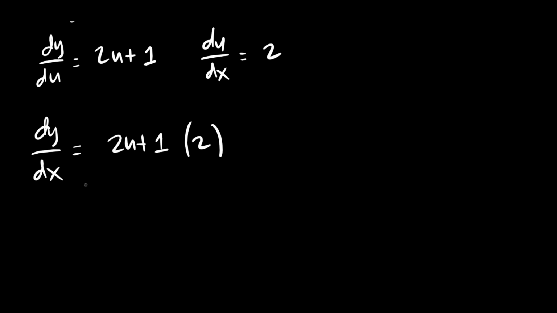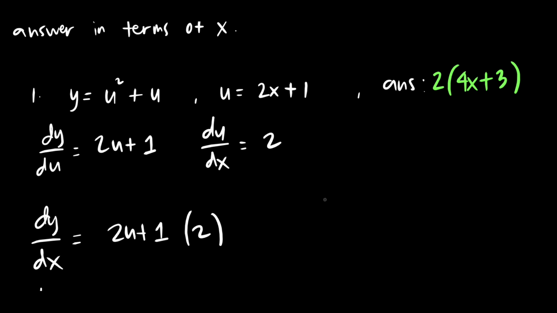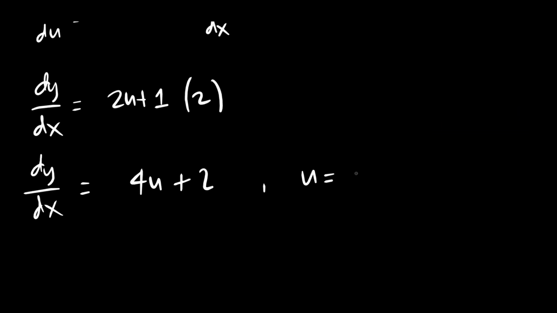So we'll further simplify. dy over dx is equal to 4u plus 2, but u here is just equal to 2x plus 1. So u is equal to 2x plus 1.